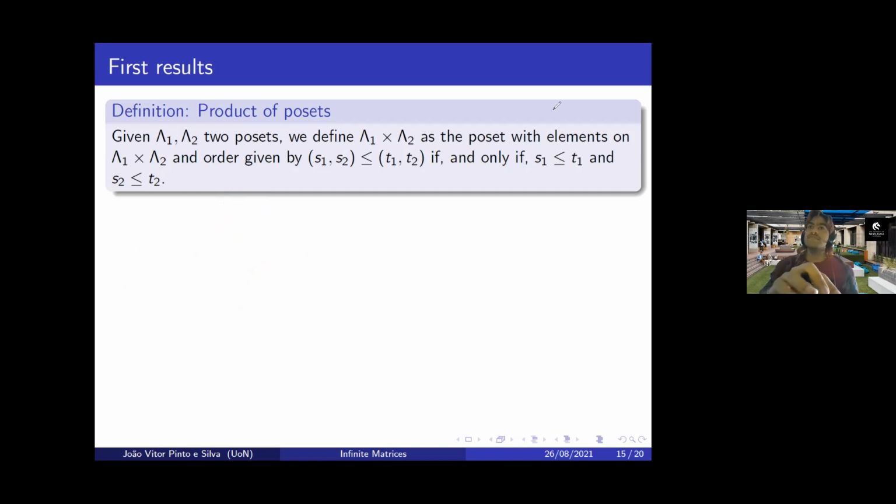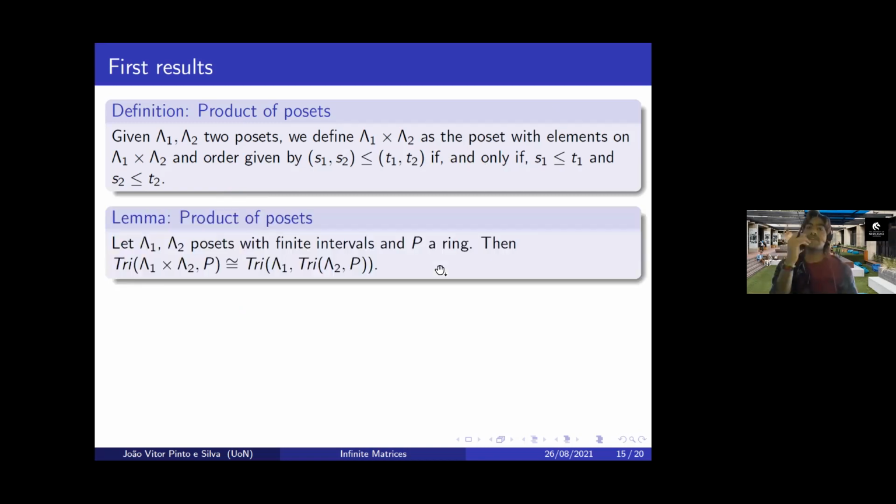And what we get with this definition is that if we have two posets, Lambda1 and Lambda2, and P any ring, then having the product inside our matrix ring is the same as composing this Tri(Lambda) in some way.